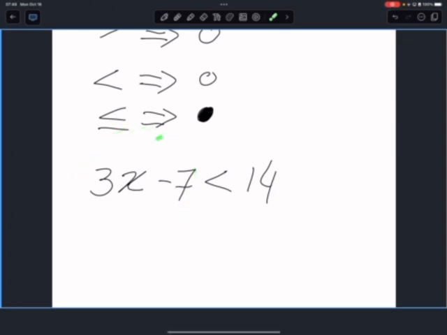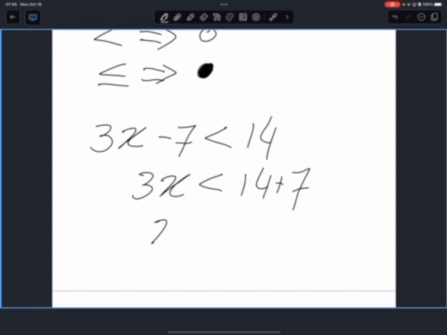When I place an x value, the outcome of this function has to be less than 14. So you start making it. X is less than 7.